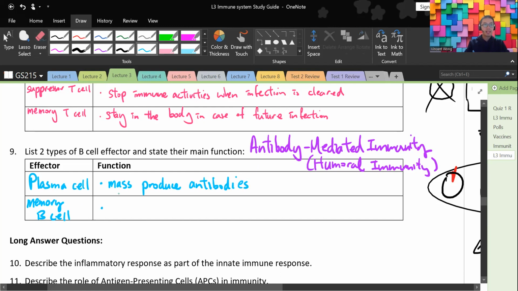And the memory B cell, their job is to stay in the body. Okay. So that's that.